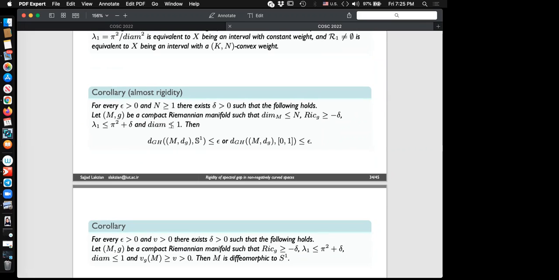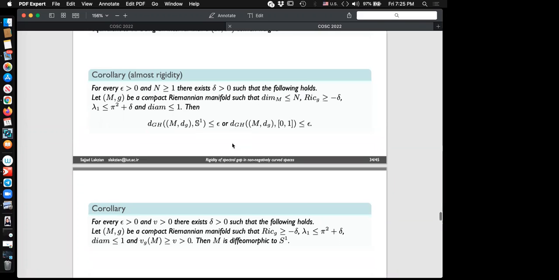If you take the diameter to be d, then you have to take this to be pi squared over d squared plus delta. Then, let me say it more precisely: for every epsilon and n, you can find a delta such that if your initial data is within delta of the rigidity problem, then your spaces are within epsilon distance of the one-dimensional space.